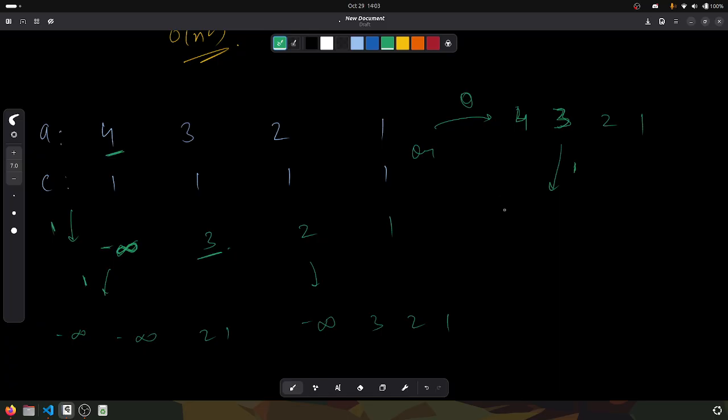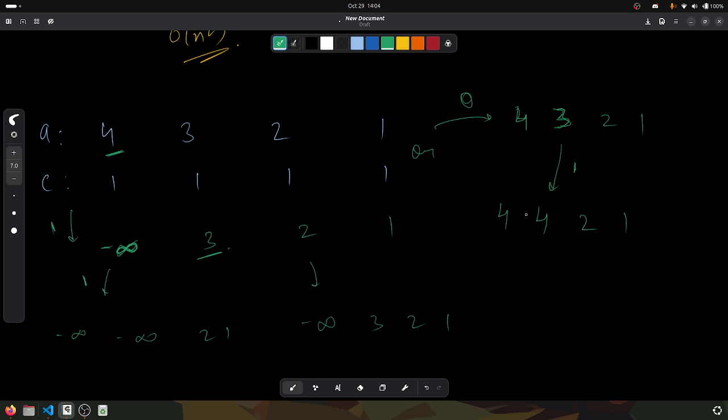And after the operation, the only thing I will do is make the 3 a 4, because making it any greater than 4 is not needed. I need to let the numbers be as small as possible so that the further numbers don't have a problem. Basically that is the greedy choice that we can make here.